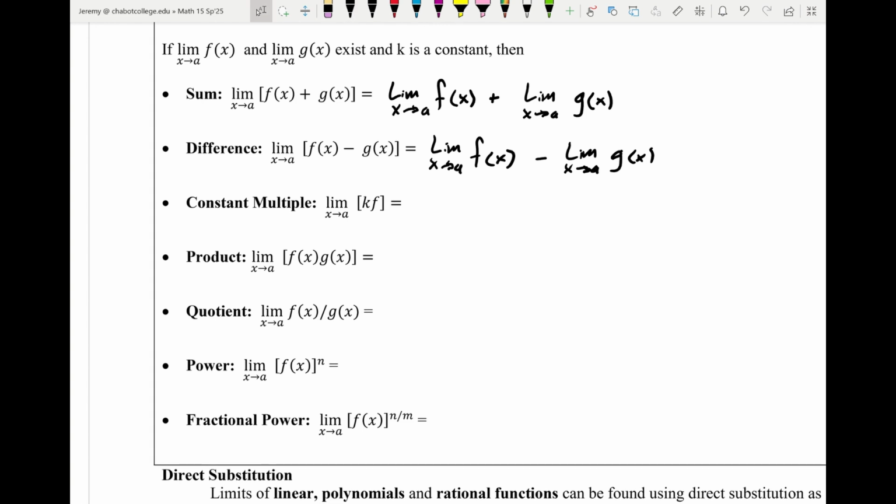The next one is the constant multiple rule. If we're taking a limit of a function that is being multiplied by any constant k, so a constant is just some number, right? Not a variable, some real number generally. We can just bring that constant multiple to the outside of the limit. So we can rewrite this as k times the limit as x approaches a of f of x.